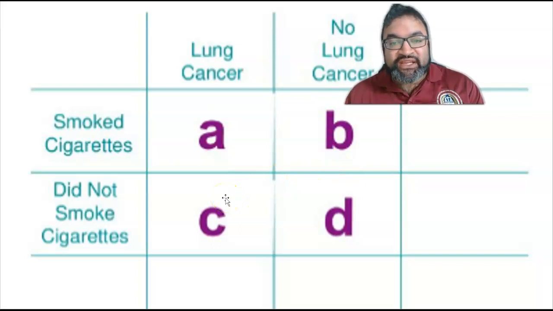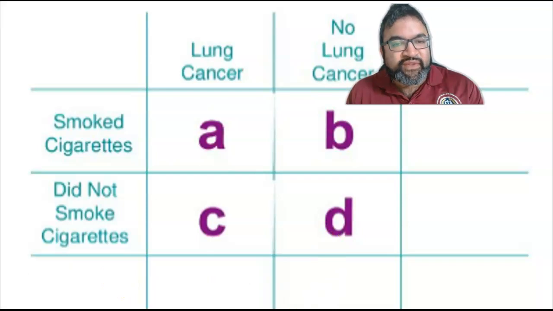Now relative risk ratio is A divided by A plus B, all divided by C divided by C plus D. Let me go over that again. For relative risk ratio, it's A over A plus B, all divided by C over C plus D. And one of the examples that are provided here is that of cigarette smoking and lung cancer.